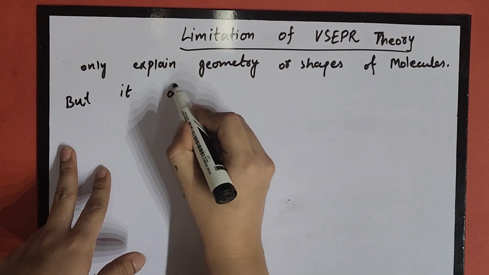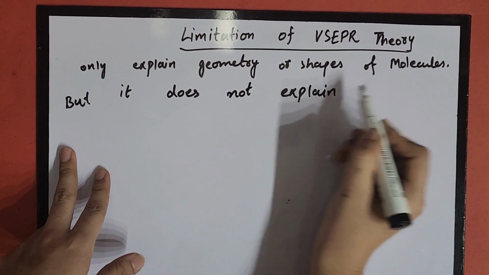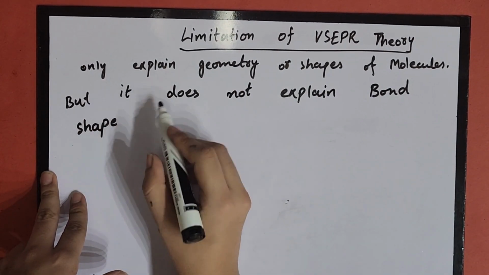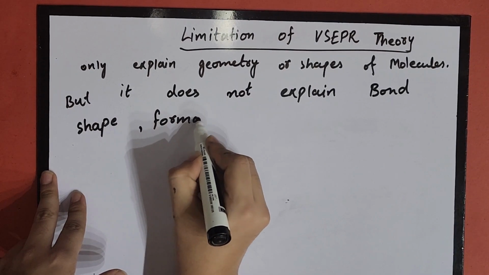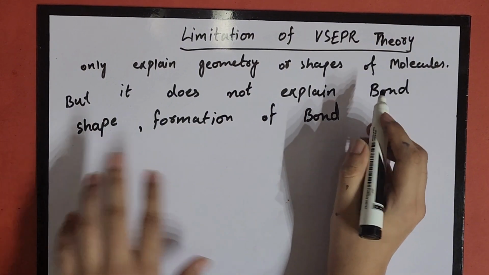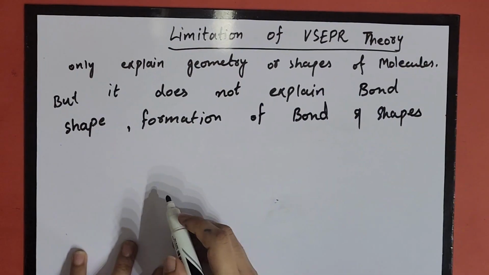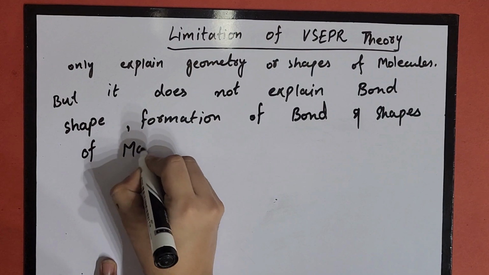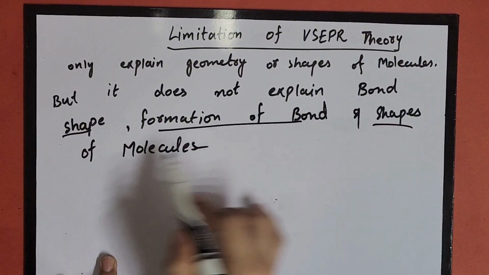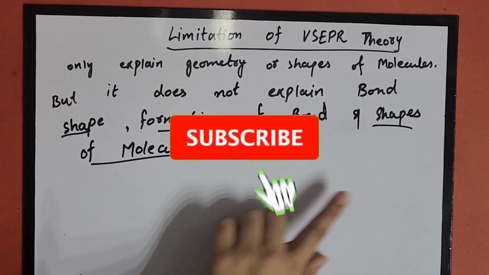It does not explain bond shape, formation of bond, and shapes of molecules. So basically these are three categories: bond shape, formation of bond, and shapes of molecules. These could not be explained with the VSEPR theory, so it fails to explain all of these characteristics.